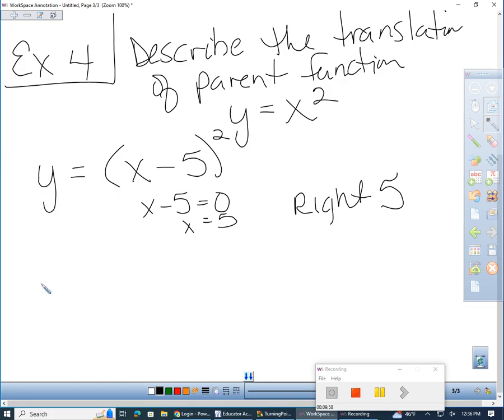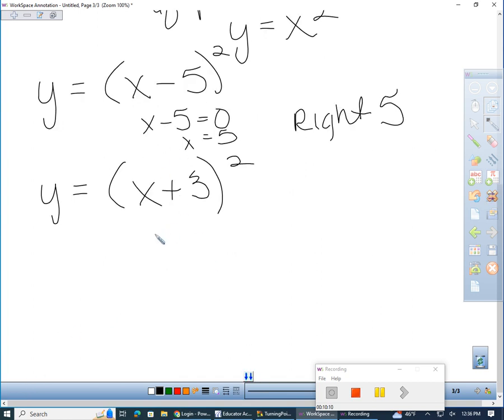Okay? Let's say I have y equals x plus 3 squared. I would have x plus 3 equals 0. If I subtract 3 to the other side, I get x equals negative 3. This would mean that I go to the left 3.